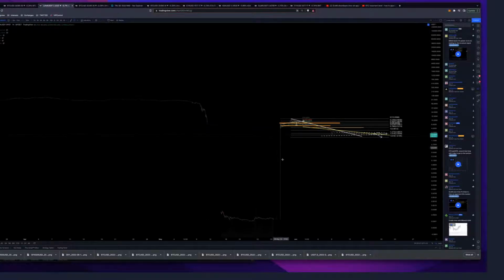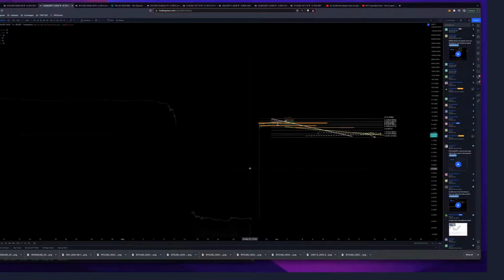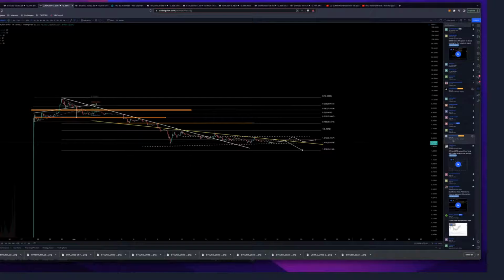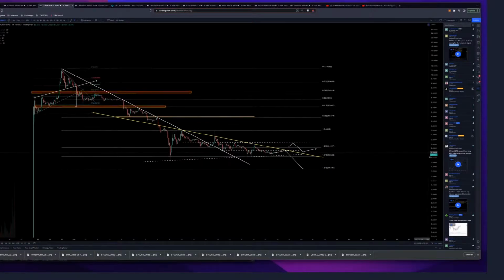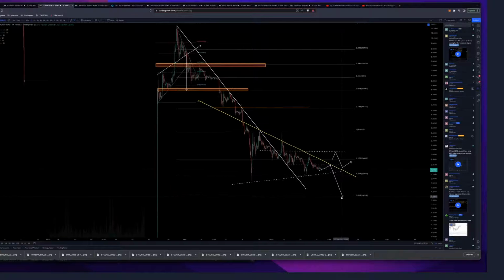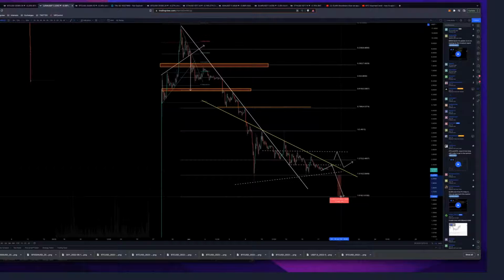You probably got 1,000 or 1,000,000 to 1 Lunas converted, and so now we've got the new version, Luna 2. And if you're interested in it, I still think it's going to drop down more. And I got the 1.618. That's still a fair bit of a drop. At the moment, it's holding on the 1.412 based on this structure. And that could be another 20% move. And then maybe that's the bottom.